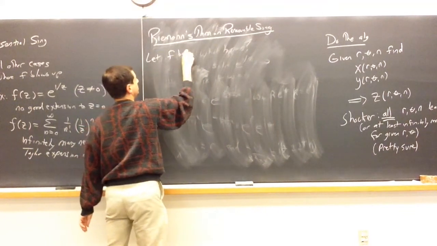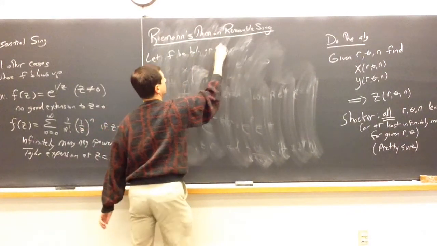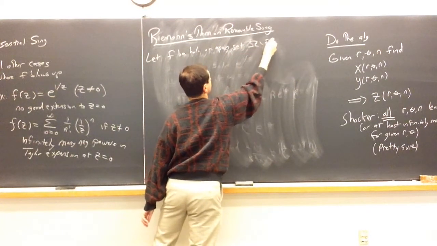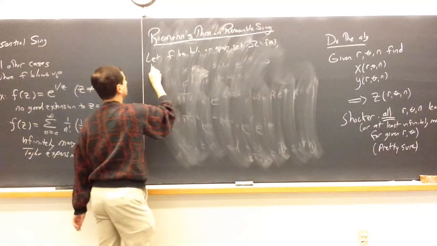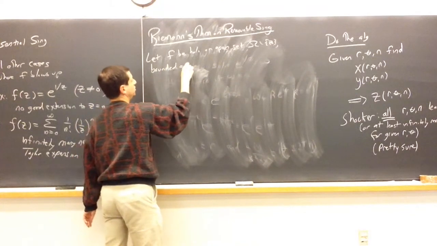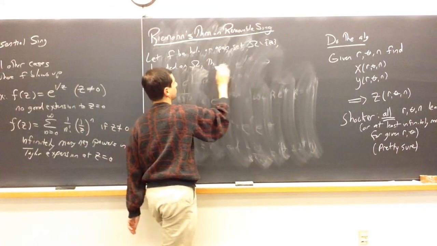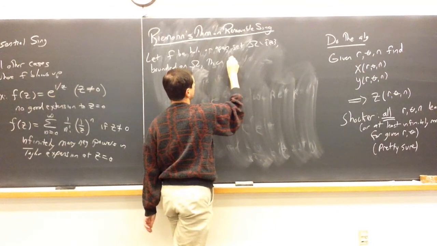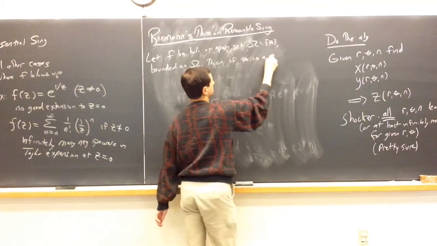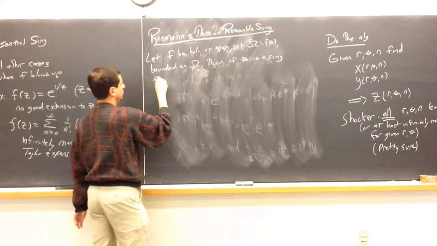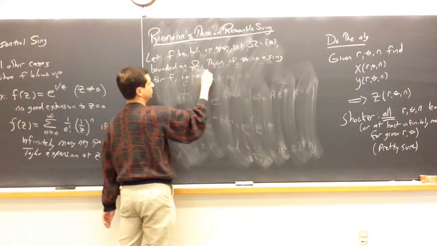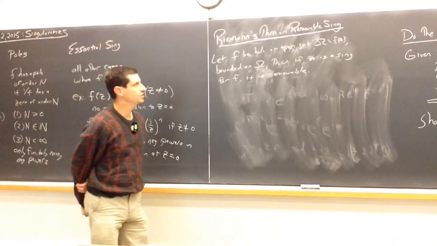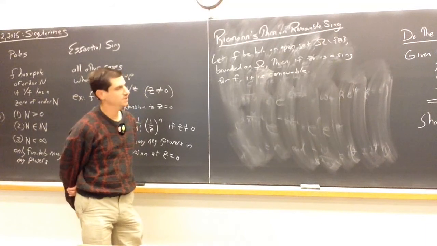Let F be holomorphic on an open set omega minus a point z naught, bounded on omega, and then if z naught is a singularity for F, it is removable. If you want to phrase it, you can say if. I'll leave it like that.